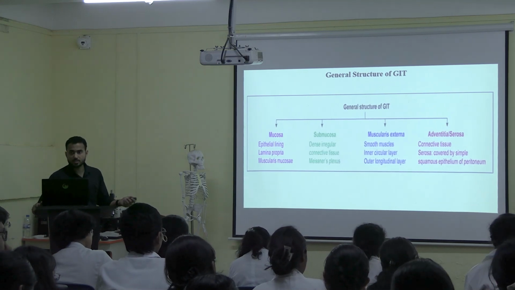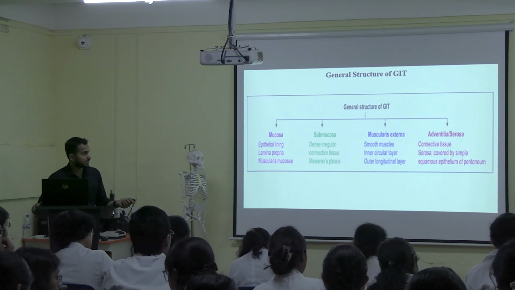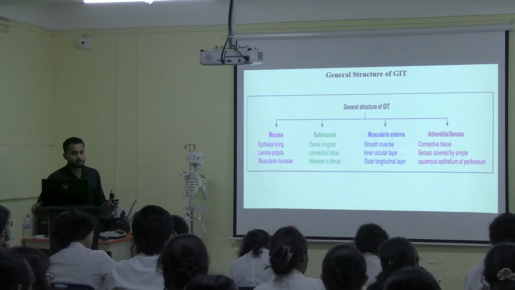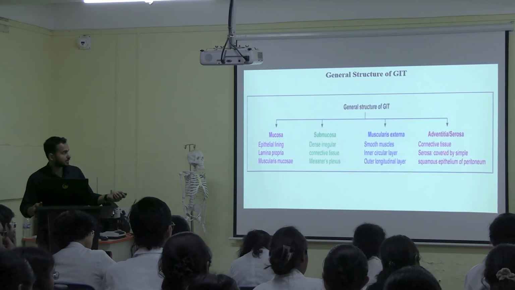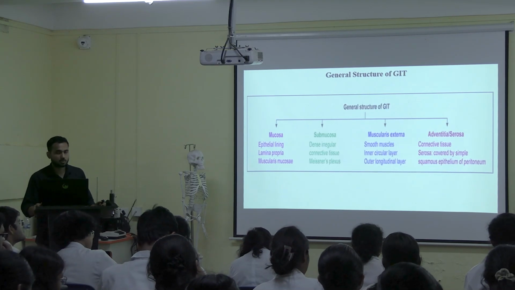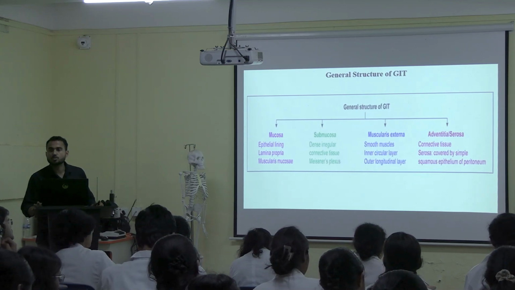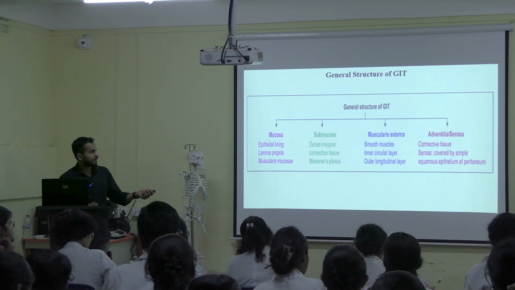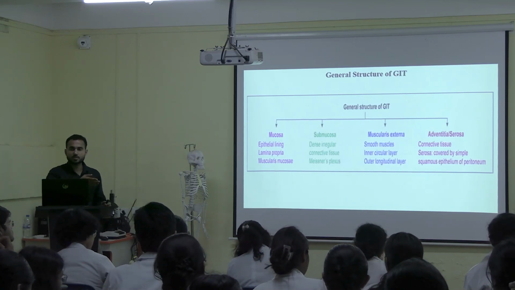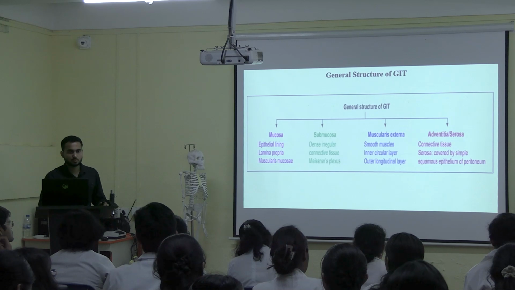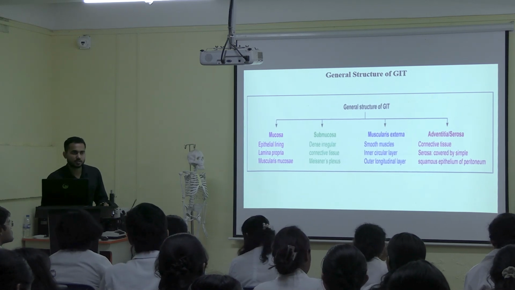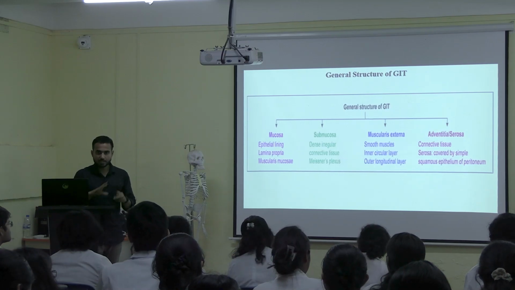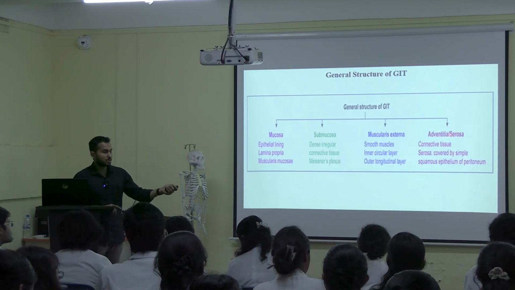In most cases it will be serosa, and in a few cases it will be adventitia. Where connective tissue is there, it is adventitia, and if it is serosa, it is covered by peritoneum, which is nothing but simple squamous epithelium, also called mesothelium. Now what is the difference between adventitia and serosa? The slash which is given doesn't mean that adventitia and serosa are the same. The part of the GIT which is covered by peritoneum is called serosa.